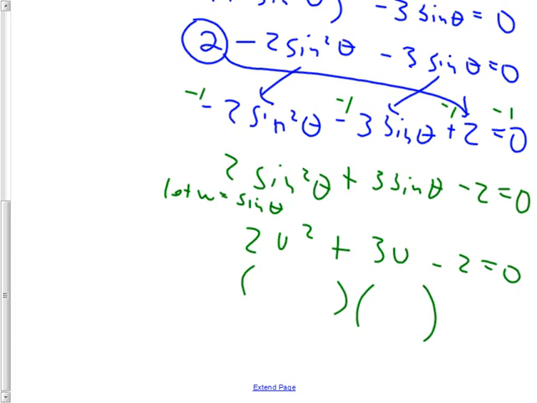So we go 2u and u, and then this has got to be a minus 2 and a plus 2. Let's try it this way, or 1. So let's see if outside and inside, does that work? No, that didn't work. So I got to move the numbers around. Plus 2 and a minus 1, you think?